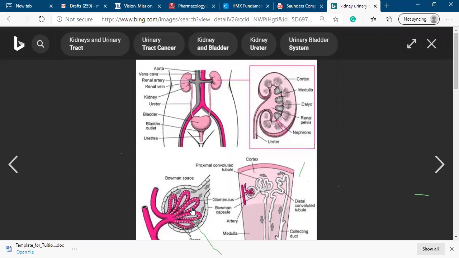There are so many glomeruli inside the kidneys, right? So the kidney is an organ where urine is formed. The kidney is an organ where blood is filtered. When blood goes through the kidney and comes back, the waste product is expelled out in the urine.